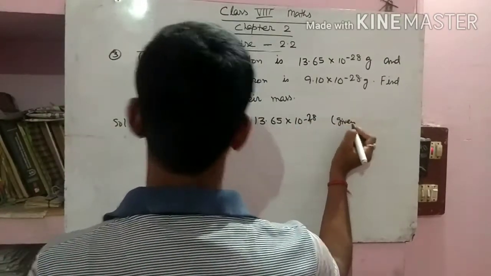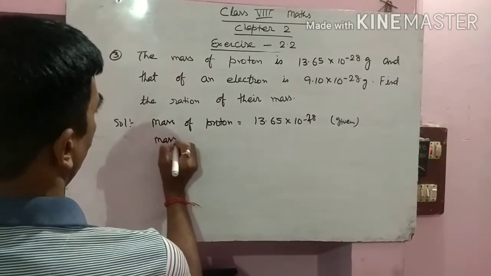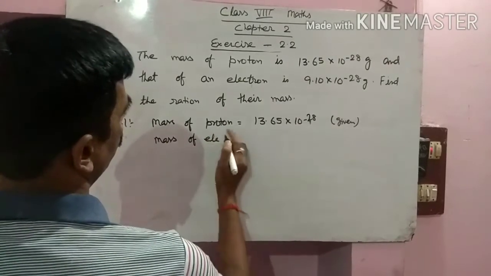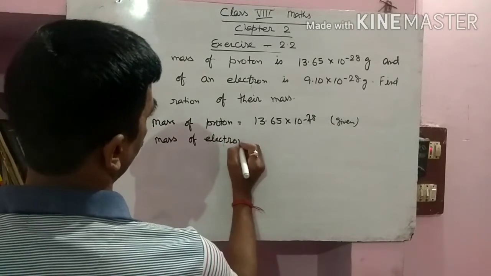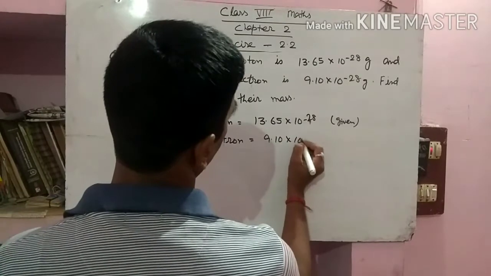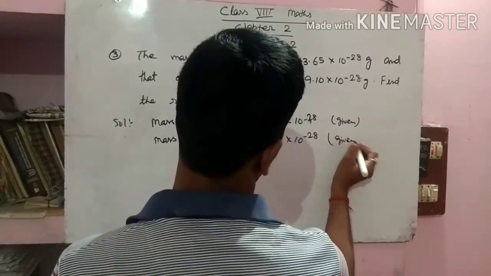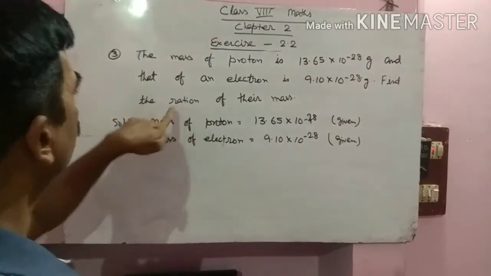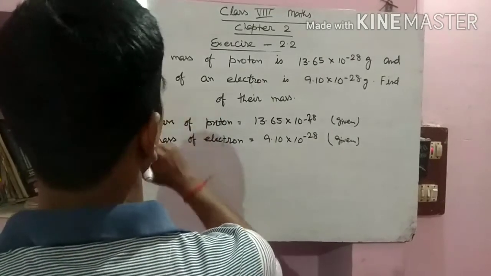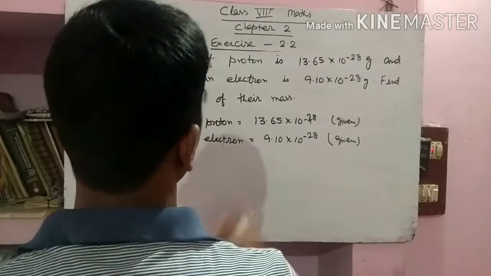It's given. And mass of electron is equal to 9.10 into 10 to the power minus 28. This one is also given. So they are written, what we have to find: find the ratio of their mass.